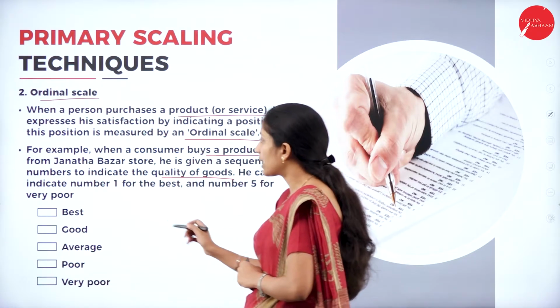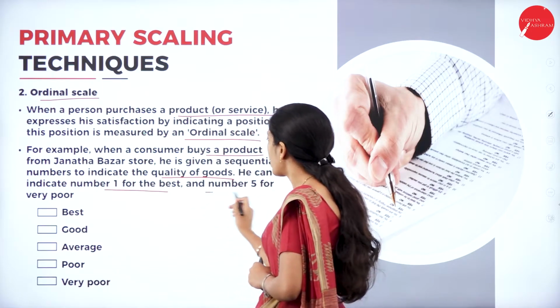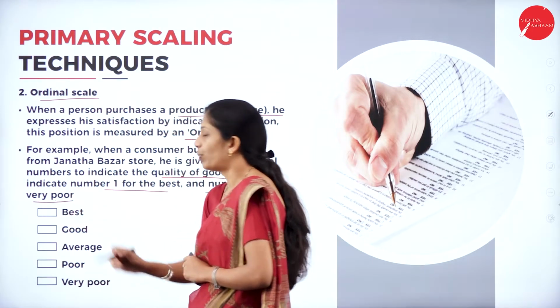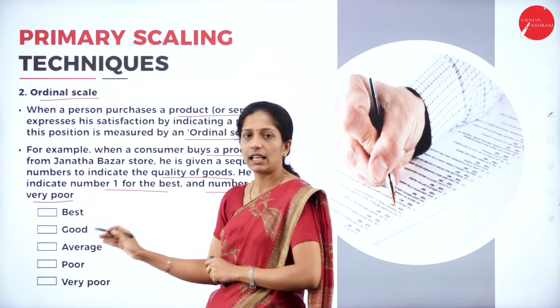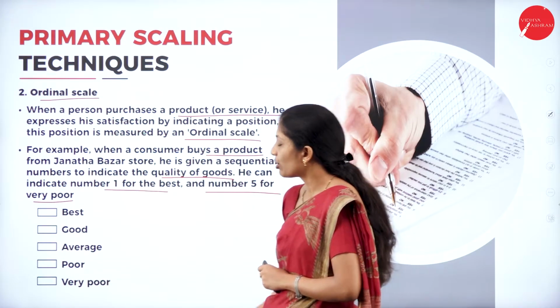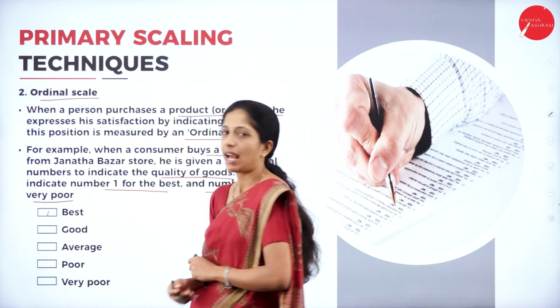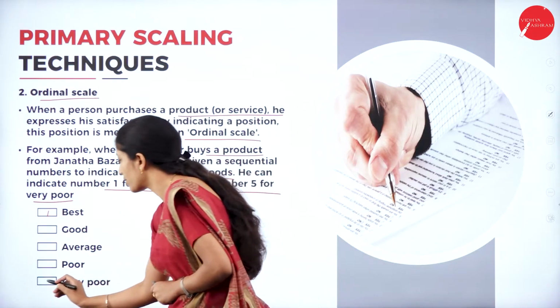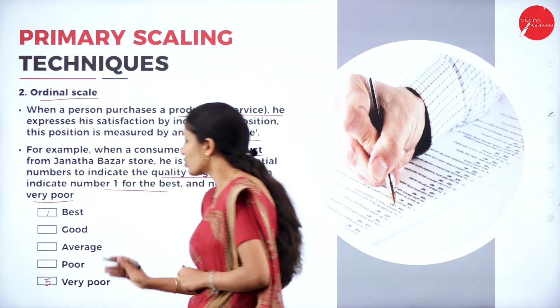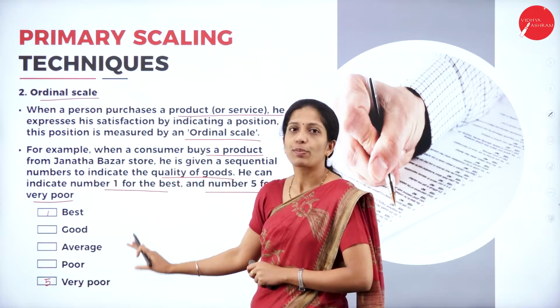He can indicate number 1 for the best and number 5 for the very poor. If it is best, he can number it as 1. If it is the worst, he can number it as 5. Like that the arrangement can be made.